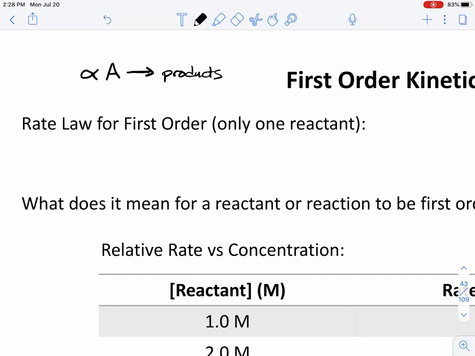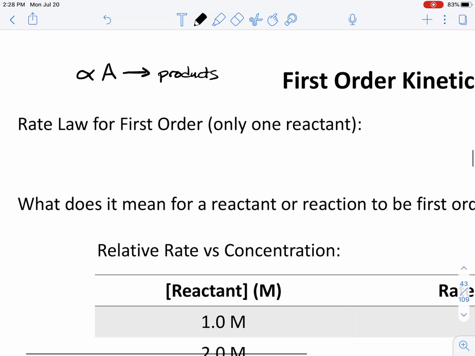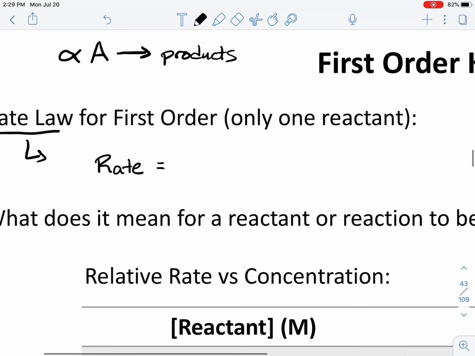And so if a chemical reaction that contains only one reactant is undergoing first order kinetics, the rate law can be written such that the rate of reaction is equal to the rate constant k times the concentration of reactant A raised to the first power.